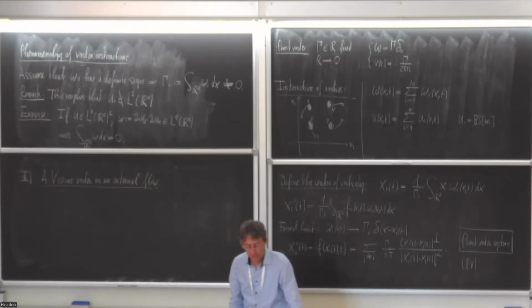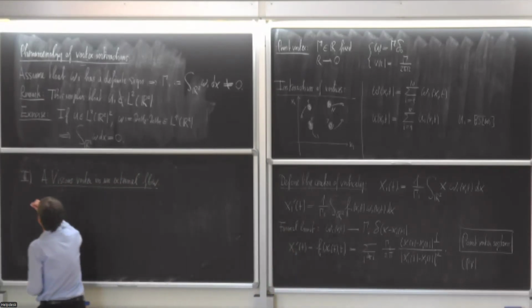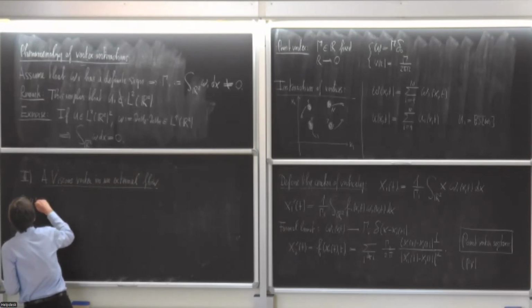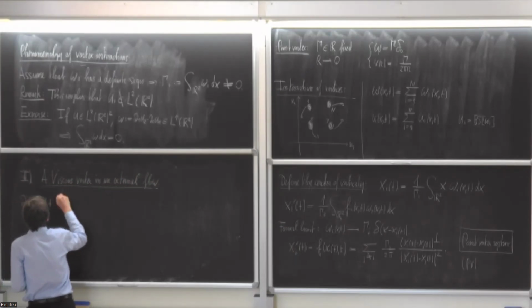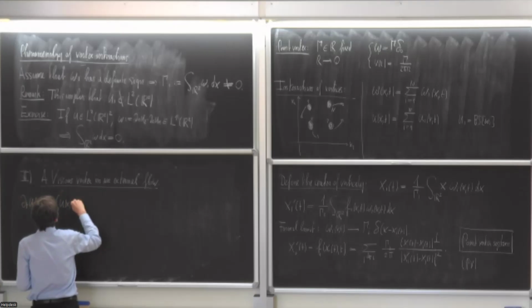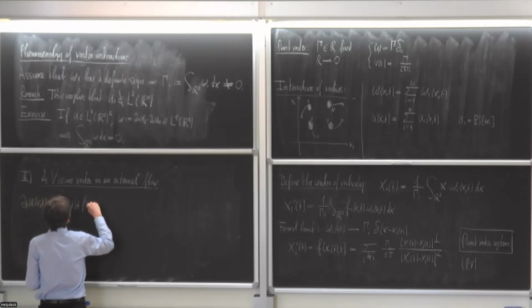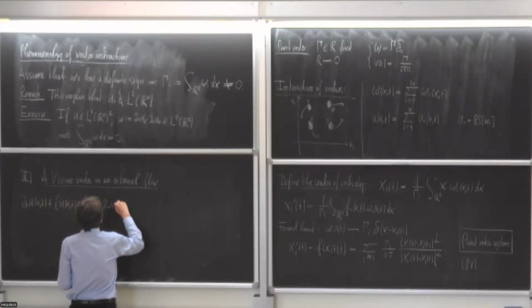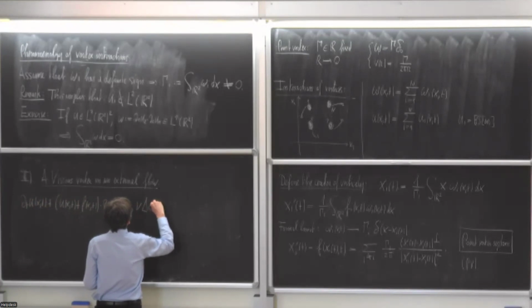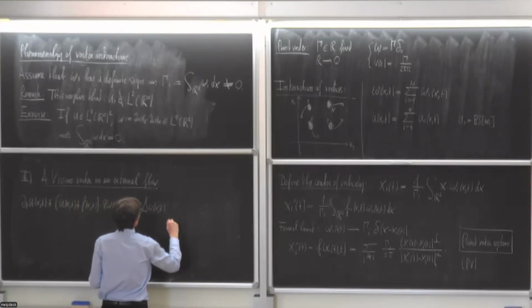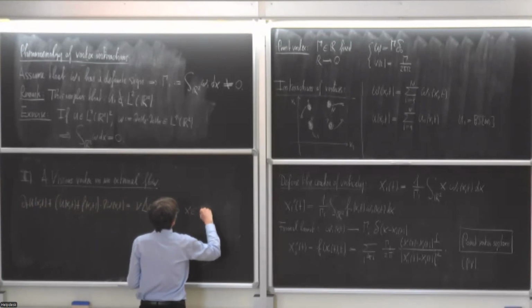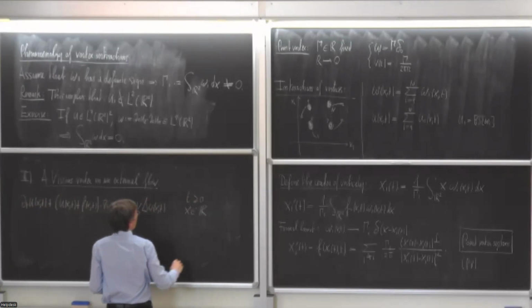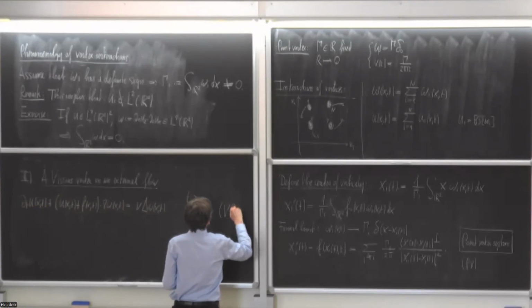So my equation is now ∂_t ω(x,t) + (u(x,t) + f(x,t)) · ∇ω(x,t) = ν Δω(x,t), for x in R², t positive, and this is called the vorticity equation with the term f.